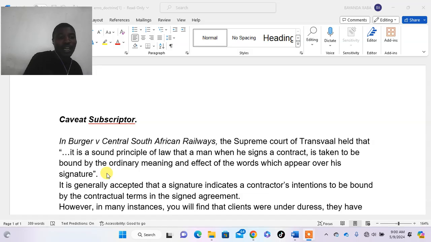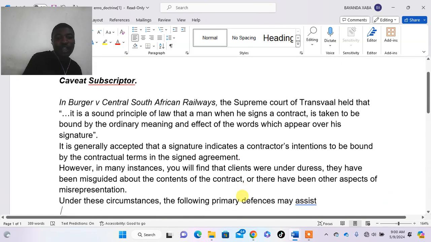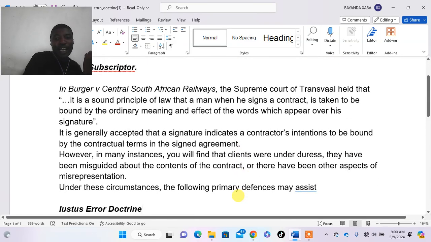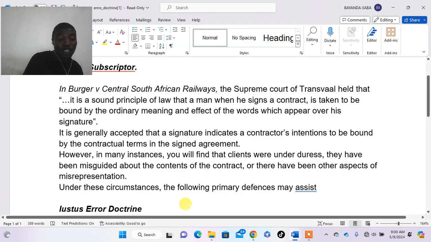Right? Let's go on. It is generally accepted that a signature indicates a contractor's intention to be bound by the contractual terms in the signed agreement. However, in many instances, you will find that clients were under duress, they have been misguided about the contents of the contract, or there have been other aspects of misrepresentation.